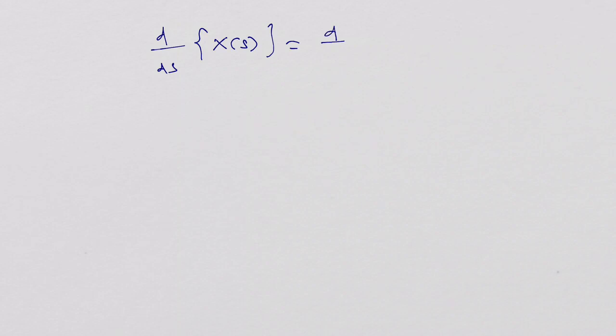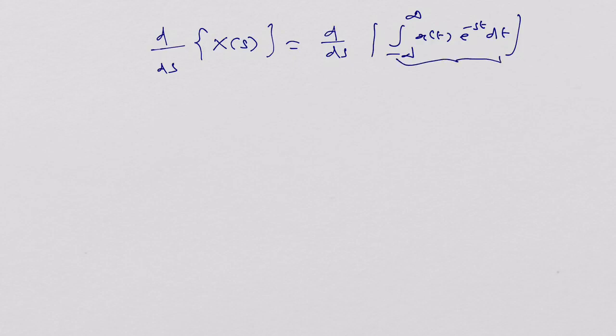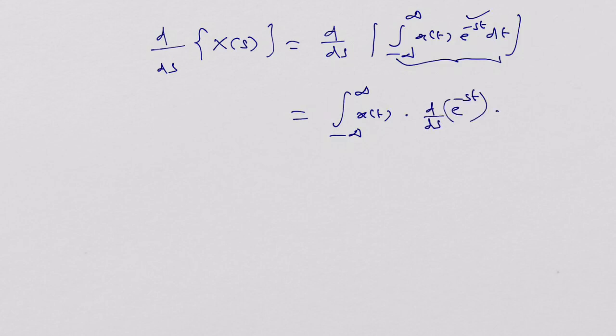So it will become d by ds of the integral from minus infinity to plus infinity of x of t into e power minus st dt. Did you notice one thing? In the entire integration, there is only one term having s. So the integration is not affected. Even x of t is not affected. So d by ds of e power minus st, what is it, multiplied by dt.